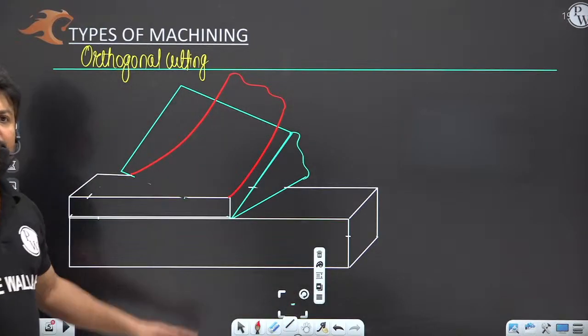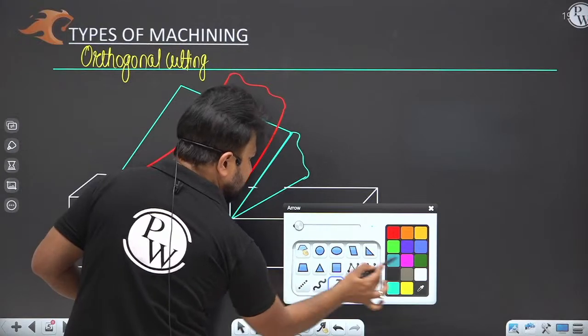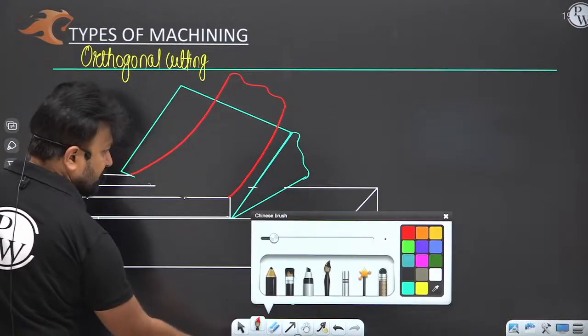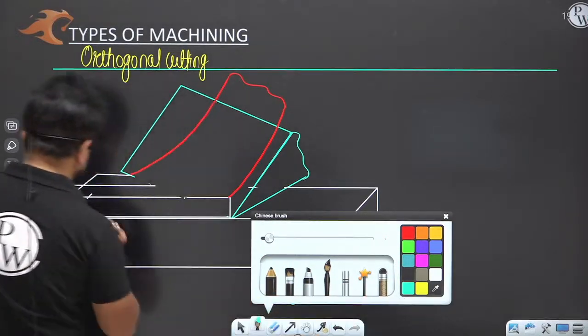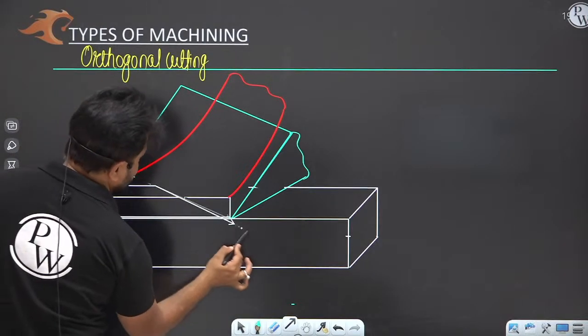Now see, are you getting this thing? My dear, here is the cutting velocity with which the tool is moving. This is the cutting velocity of the tool.